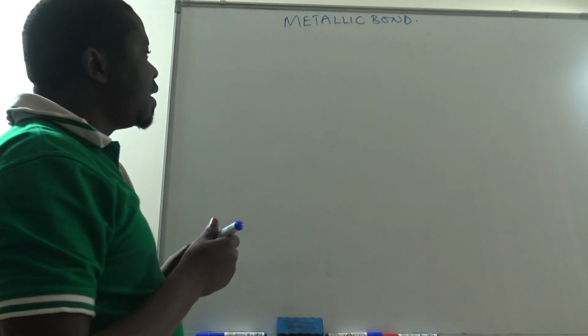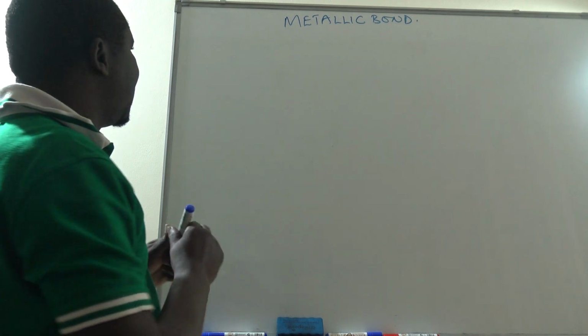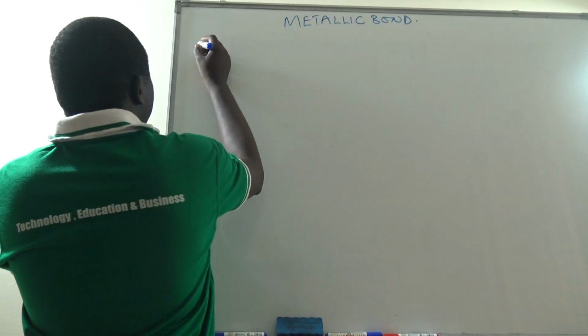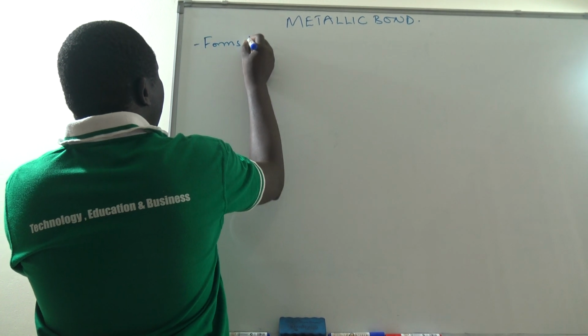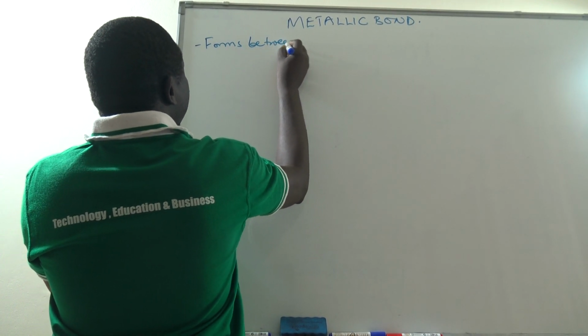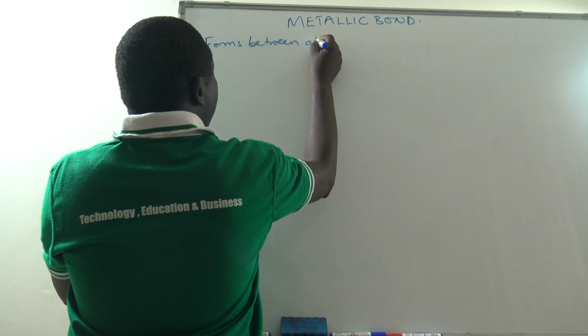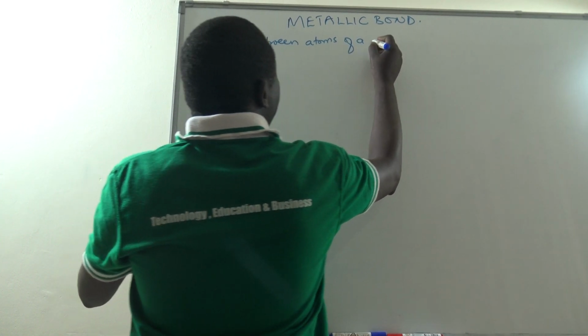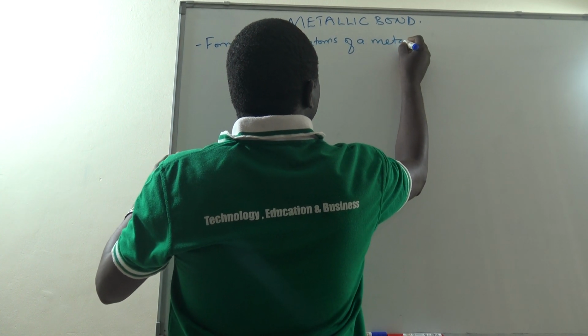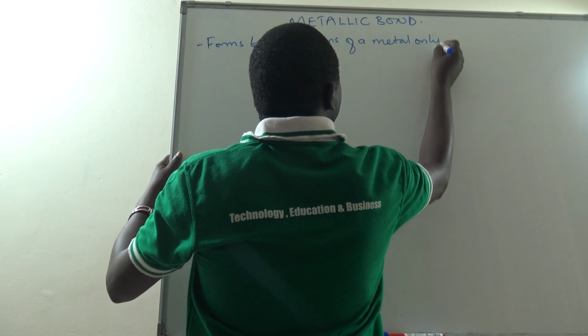So, as the name says, metallic, it means that a metallic bond forms between atoms of a metal only.